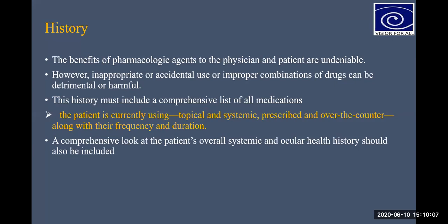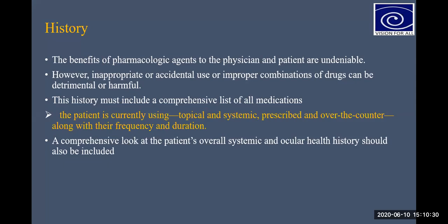That may be topical eye drops, that may be systemic, that may be prescribed or over the counter, along with the frequency and duration. A knowledge of this will help avoid problems as well as formulate the best plan of evaluation and treatment regimen.